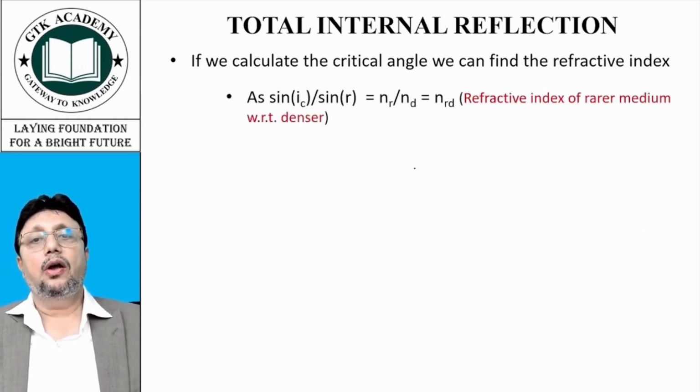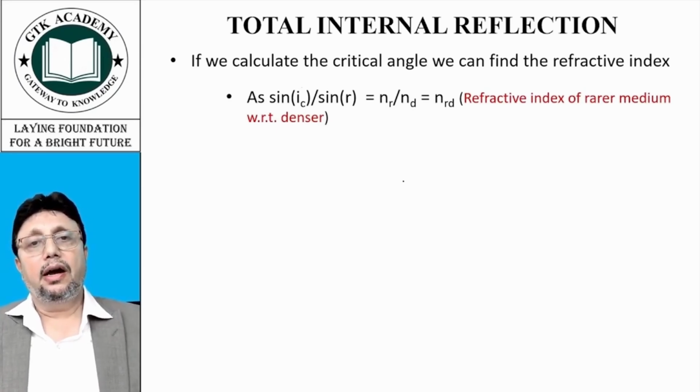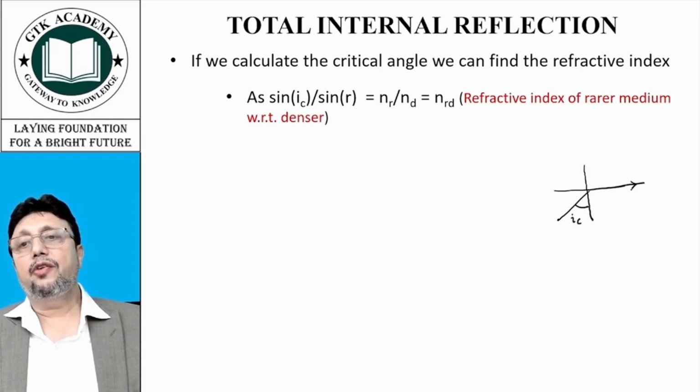So now in this case, when we have the value of I equal to IC, then what will happen? See, the light, when you will have angle of incidence as IC, the refracted ray will graze here and this angle will be 90 degree.